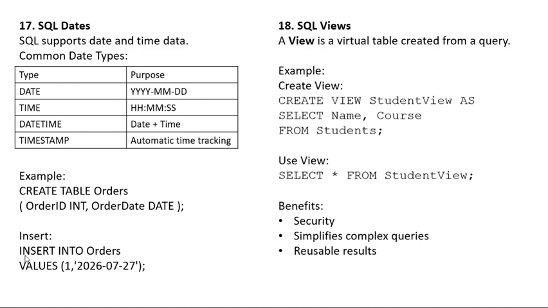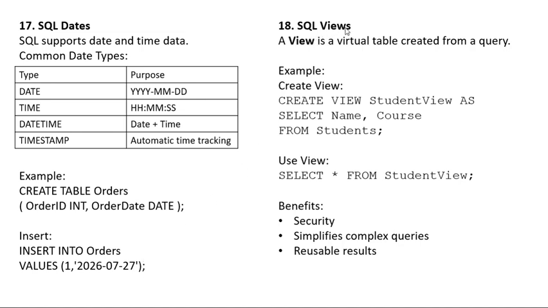Then INSERT INTO orders VALUES, in brackets the id, comma, and in single quotes first the year, after that the month, and after that the date, and last the semicolon.